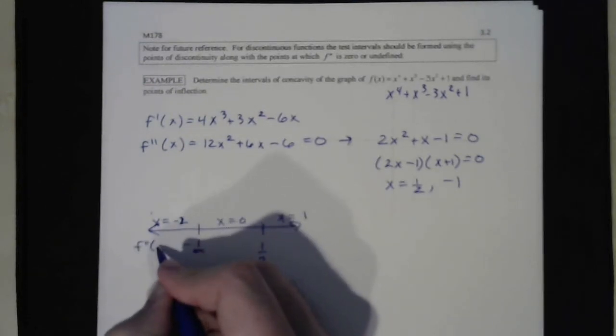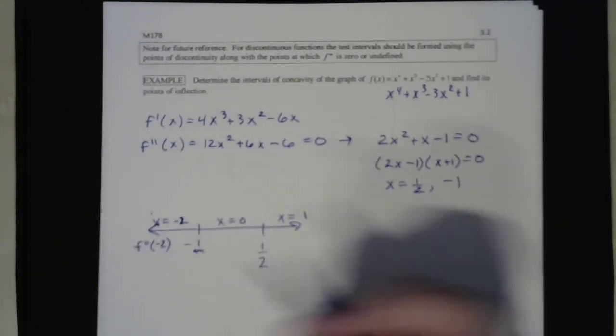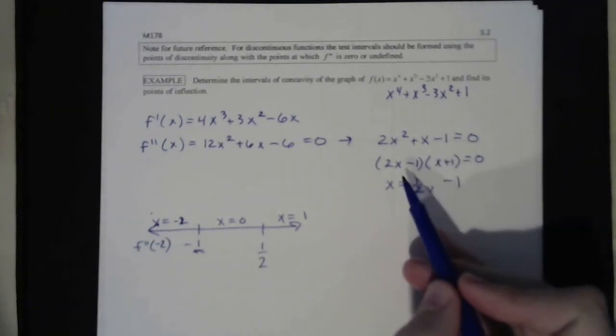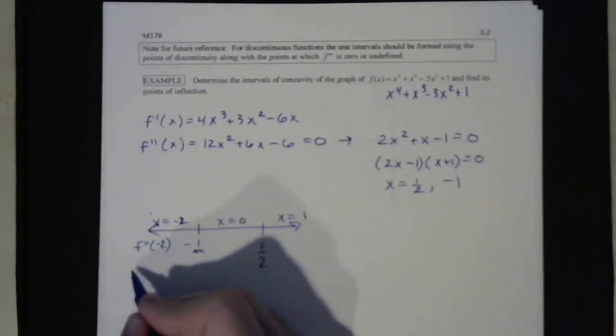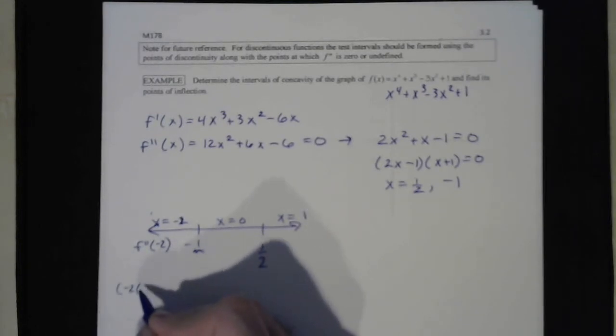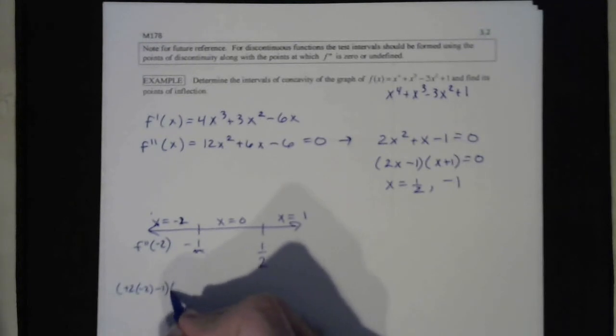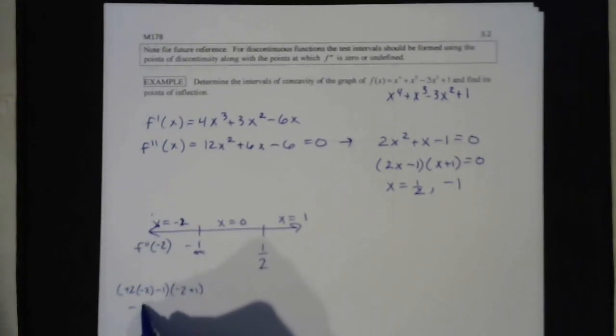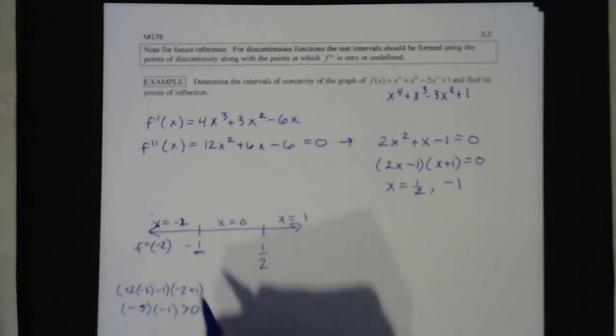So we're plugging that into the second derivative, -2. So when we plug in -2, we can use our shortcut, our factored version. So we have 2 times -2 minus 1 times -2 plus 1. This is -5 times -1, which is going to be positive.